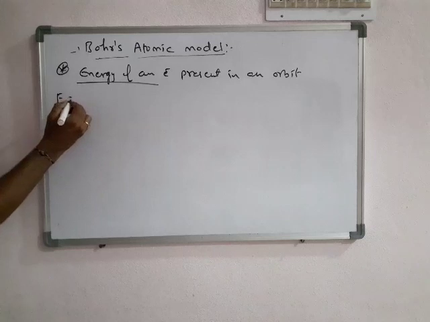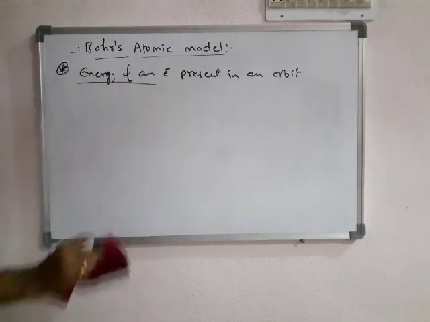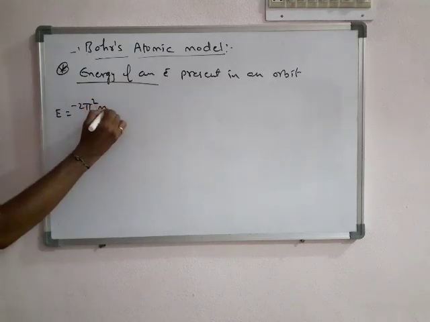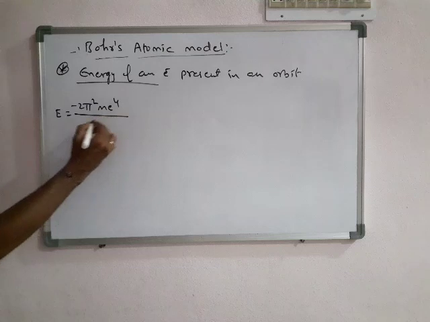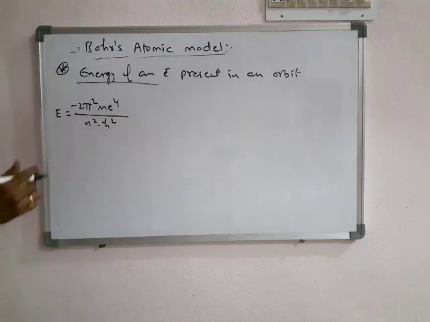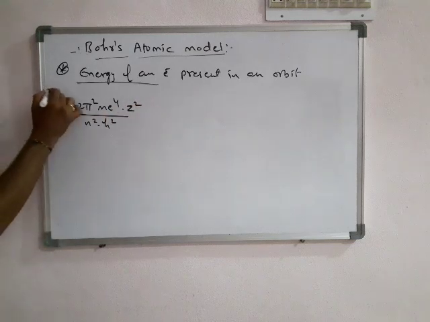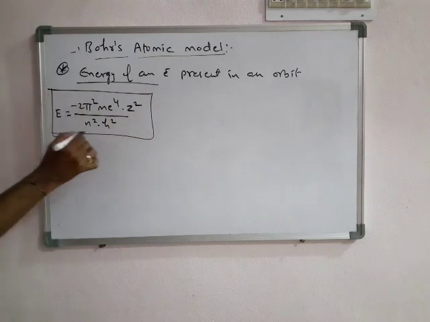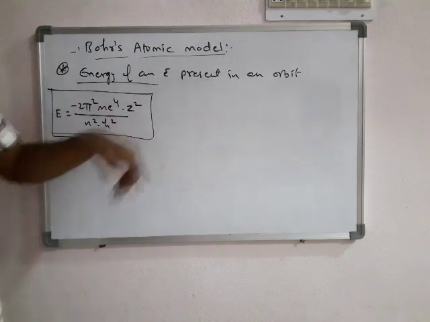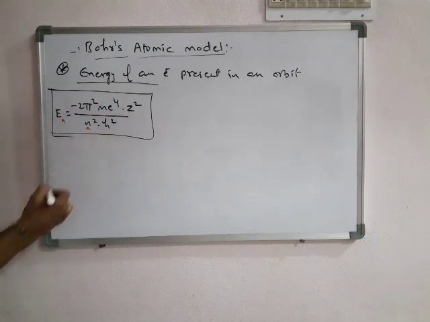Here energy is given as minus 2 pi square m e to the power 4 by n square h square into z square. Okay, this is known as the expression for the energy of an electron present in an orbit. This is En, the energy in the nth orbit.